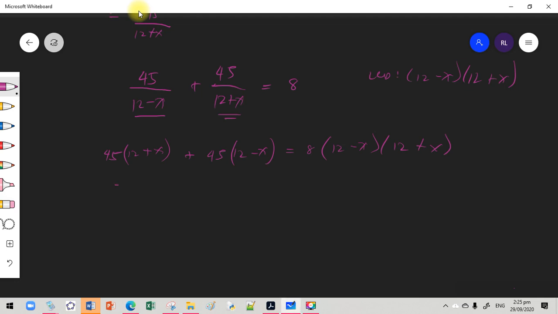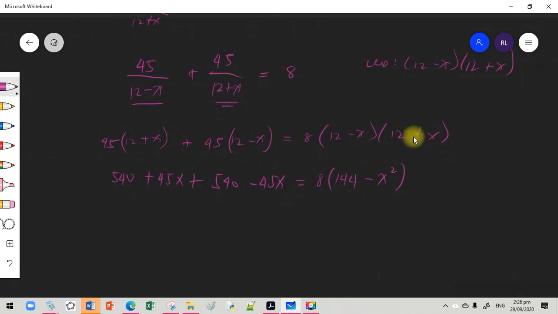So this is 540 plus 45x plus another 540 minus 45x equals 8 times 144 minus x squared.